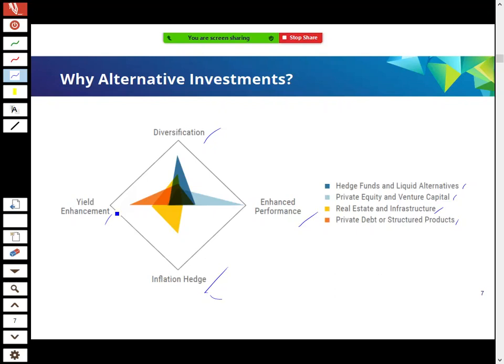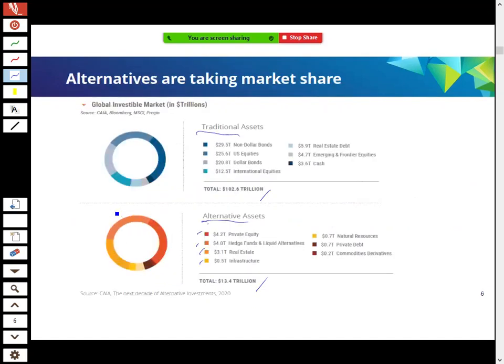To differentiate between the level 1 and level 2 curriculum of the CAIA, the level 1 curriculum is about knowing what these are. What types of alternative investments are there? What are their characteristics? What are the markets like?